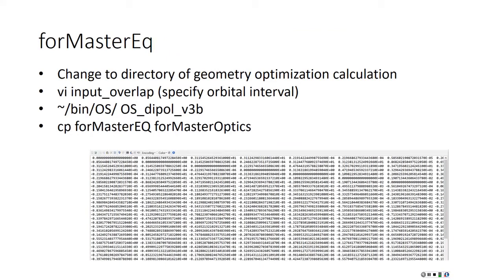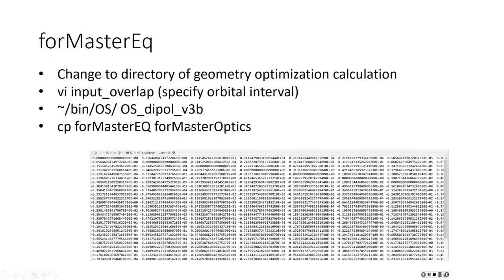Okay, this is how to get the full master EQ file. We go to the directory where we do the geometry optimization calculations, and then type this command to create the input overlap file and to specify the orbital interval.